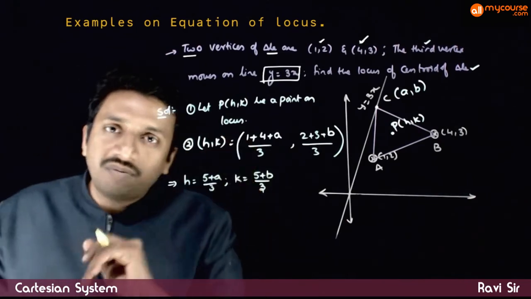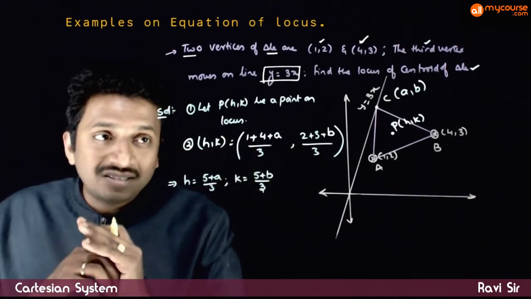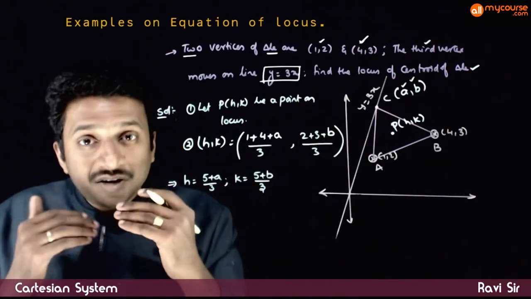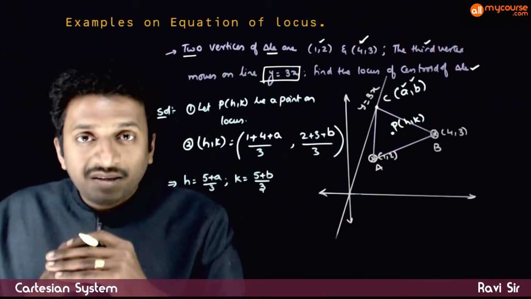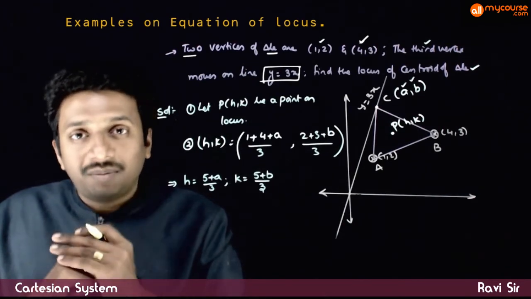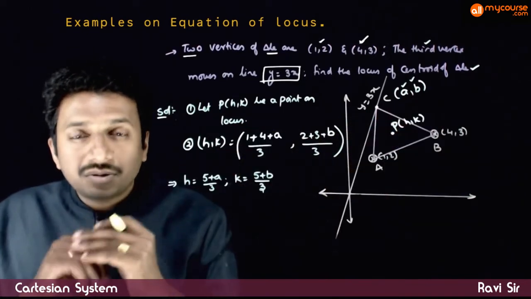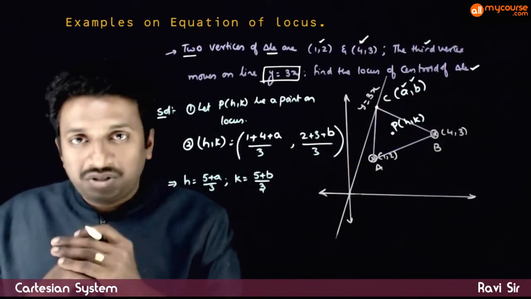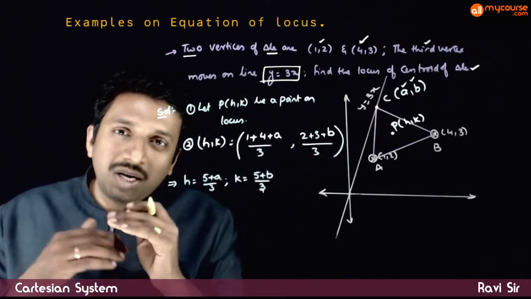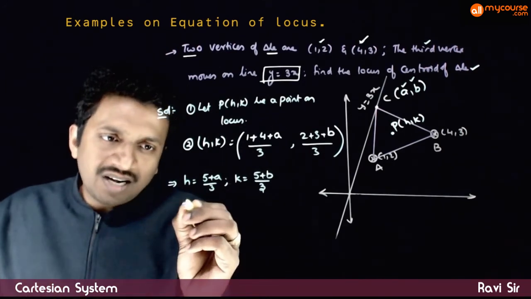So you have two equations. What is the accounting that we have discussed? Whatever the number of variables you have newly introduced, the number of equations has to be one more than that number. You have introduced two variables, so you need three equations. You got one equation, you got two equations, and you need to get the third equation. So what is the third equation?